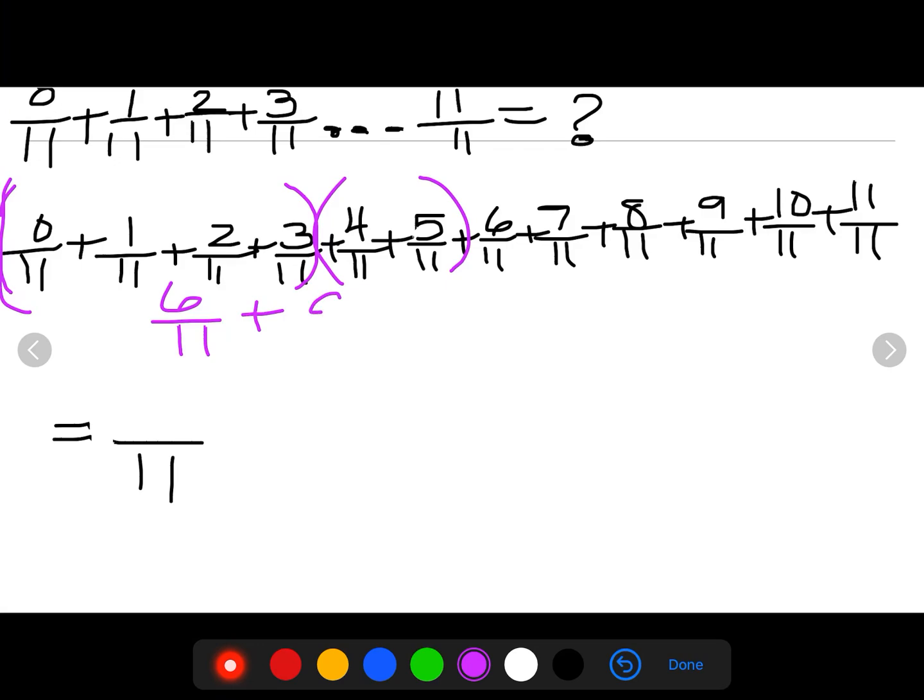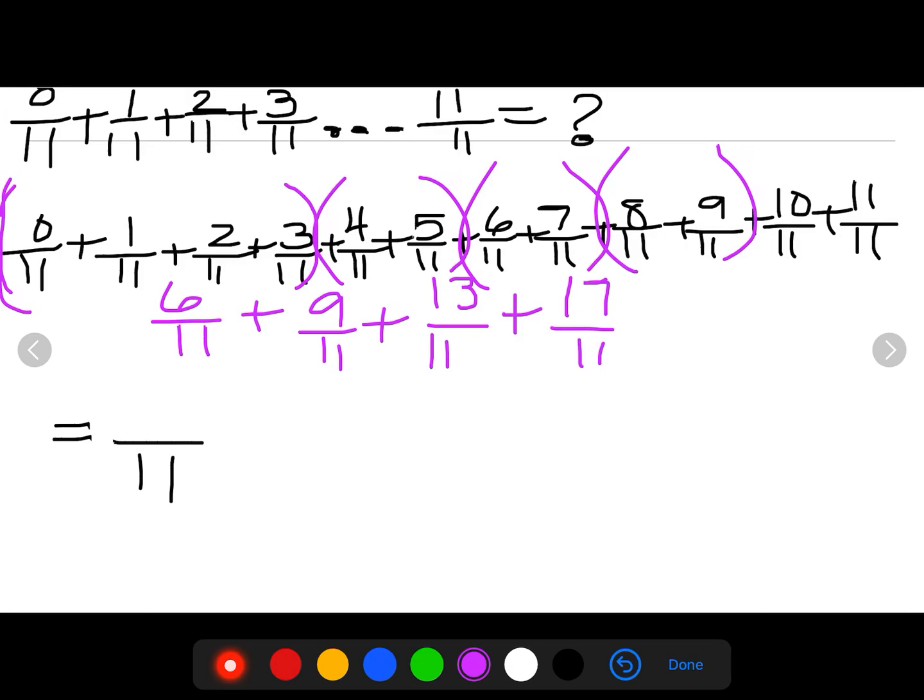I can chunk 4/11 and 5/11. I would have 9/11. 6/11 to 7/11. I would have 13/11. 8/11 to 9/11. I would have 17/11. And 10/11 and 11/11.